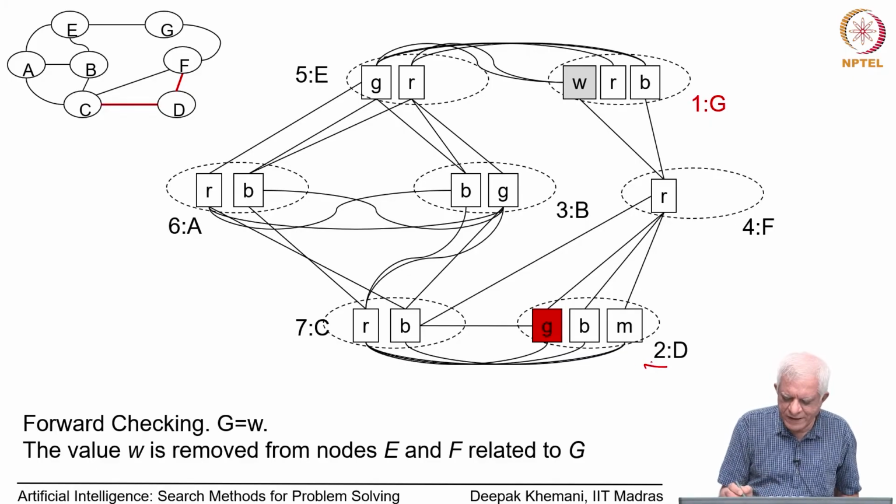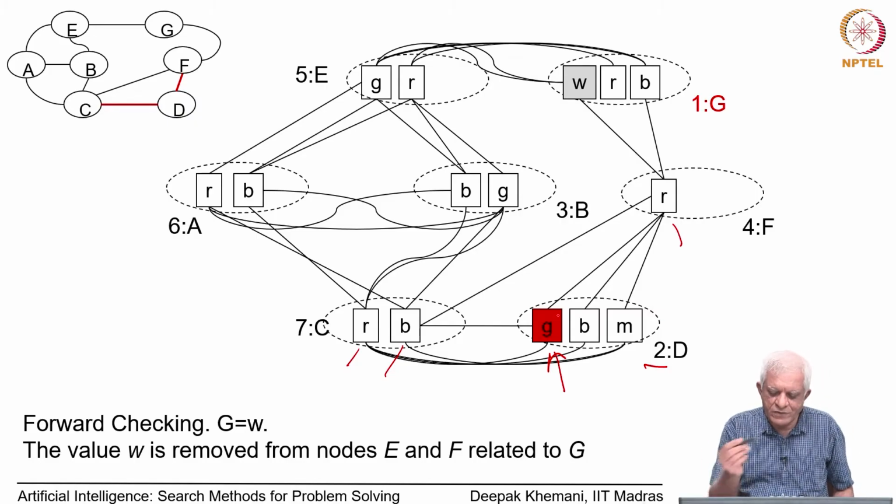The variable D is connected to F and C, and you can see that they have values. If you choose G for D, you can choose R or B for C, and you can choose R for F. So, G is fine, we do not need to prune anything in the future.